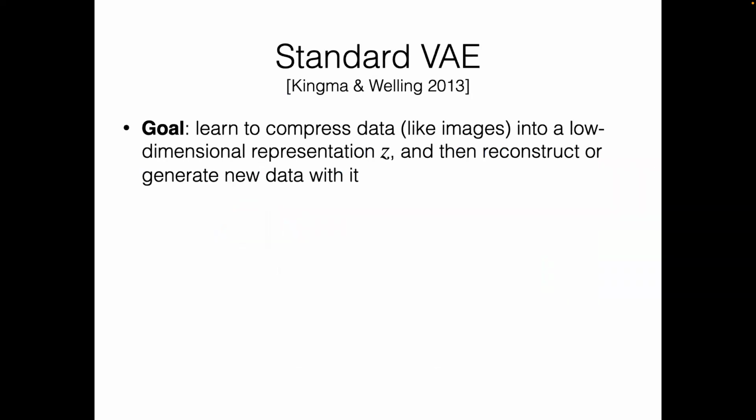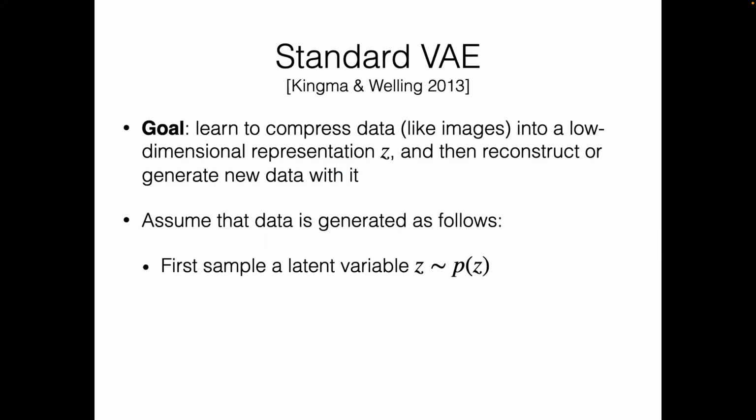So the standard VAE will assume that this latent variable z is continuous. And it basically assumes that data is generated as follows. First we sample a latent variable, then you turn it into data with a decoder.